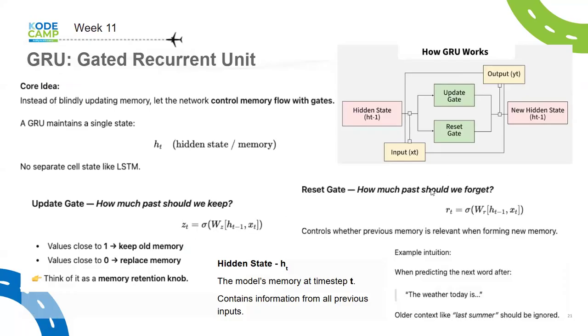Then you have a reset gate. Reset gate is like the forget gate, right? How much of the past should we forget? Well, I think you could also look at it as the update gate having to do with the past, right? How much of the past should we keep and how much of the past should we forget?